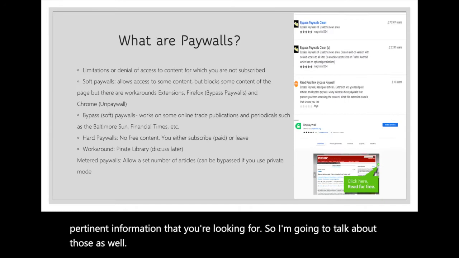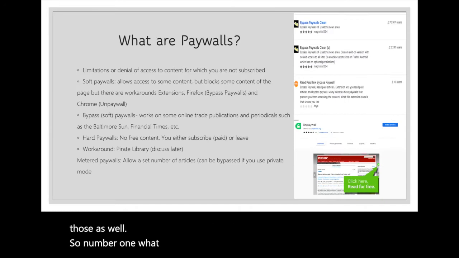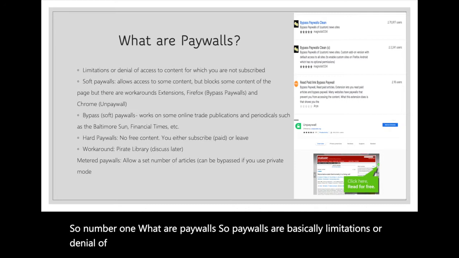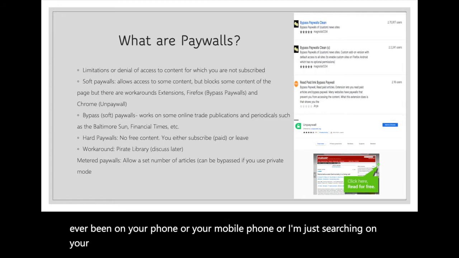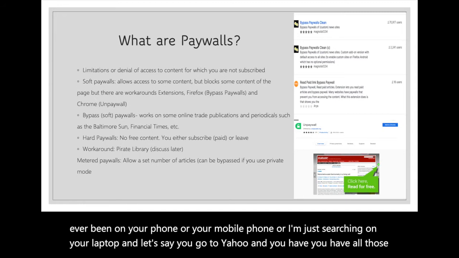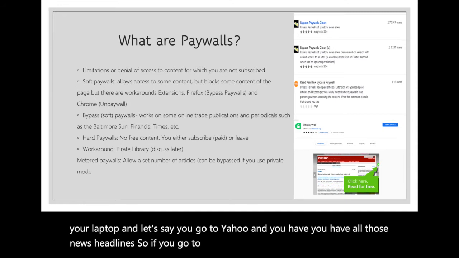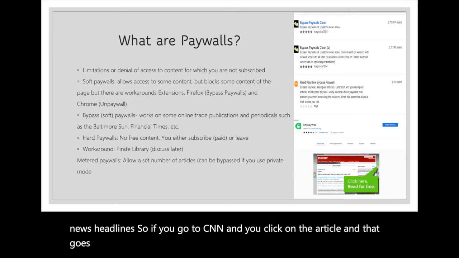So number one, what are paywalls? Paywalls are basically limitations or denial of access to content for which you are not subscribed. So if you've ever been on your mobile phone or laptop, and let's say you go to Yahoo and you have all those news headlines, or you go to CNN and you click on the article and that goes directly to the New York Times.